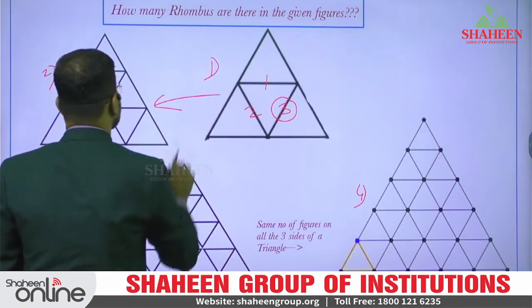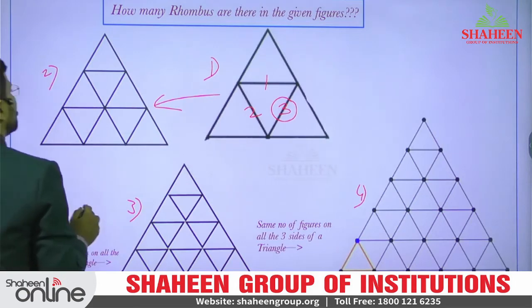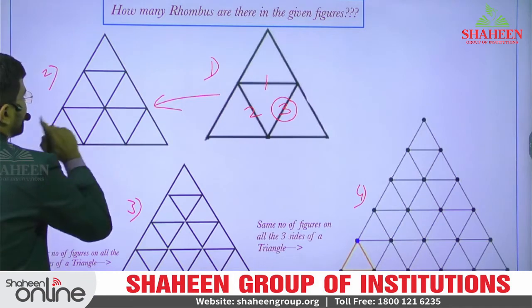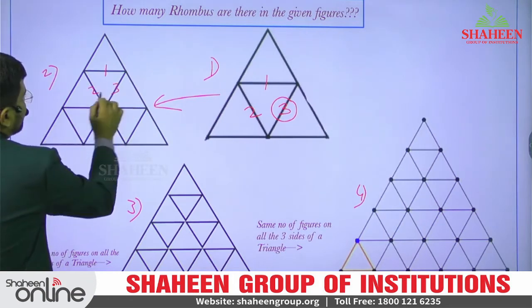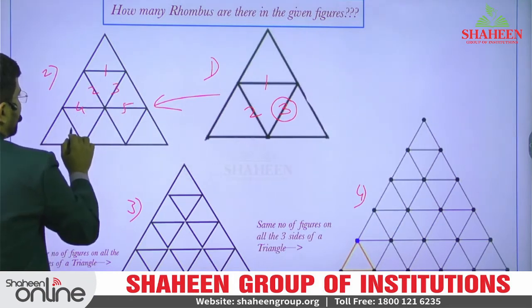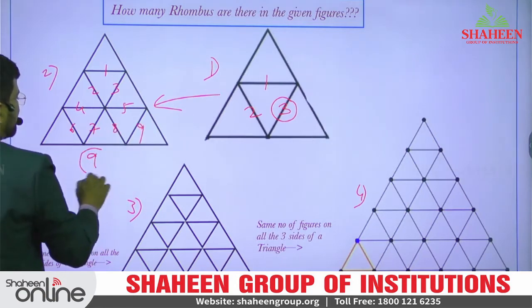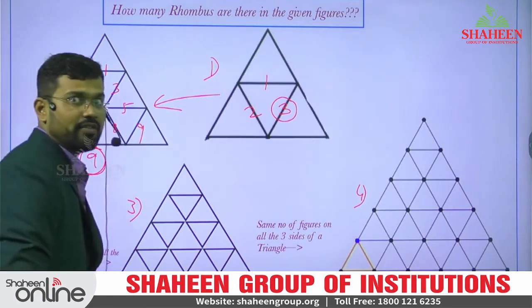Now let us shift to the second problem. Again I need to sit and count the number of rhombus here. What I will do is count the number of these lines. This is 1, 2, 3, 4, 5, 6, 7, 8, 9. So how many rhombus are there? There are 9 rhombus in the given figure.